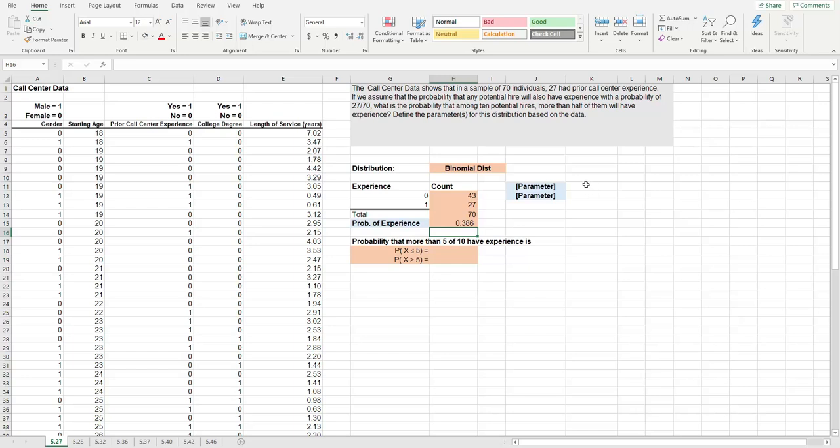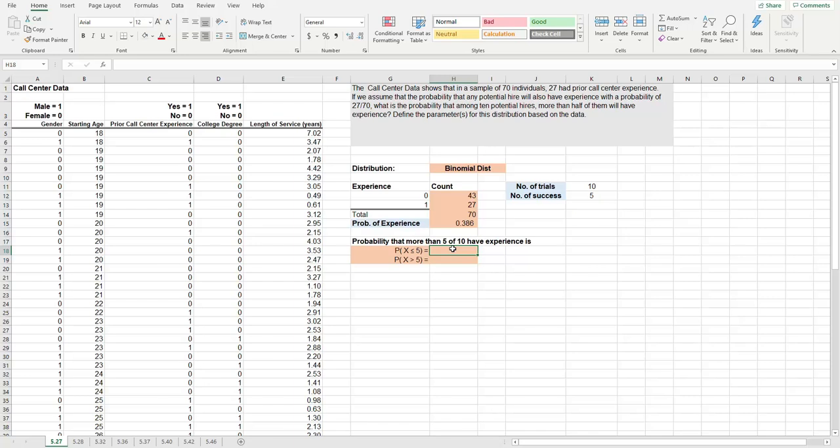That is our probability of success. Now to identify the other parameters, the number of trials, which is 10, and the number of successes, which is 5, since we are looking for the probability of getting half of them with experience.